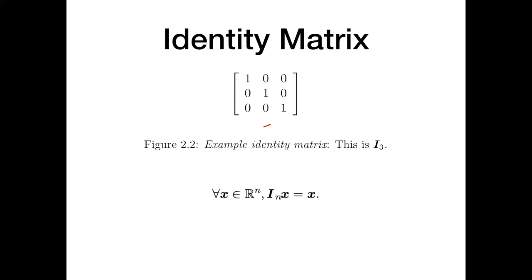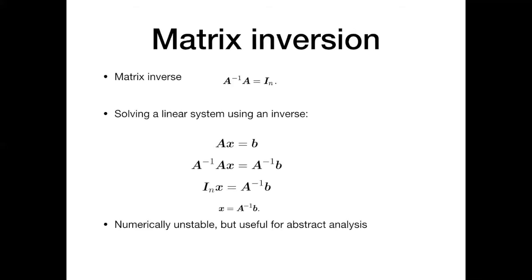One very strong property of the identity matrix is that it does not change any vector when we multiply that vector by an identity matrix. Matrix inversion: the inverse of a matrix is that when we multiply it with its original matrix, we just get an identity matrix.